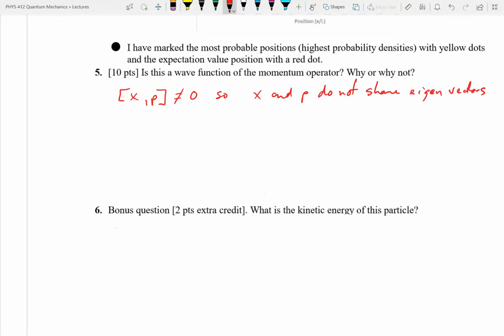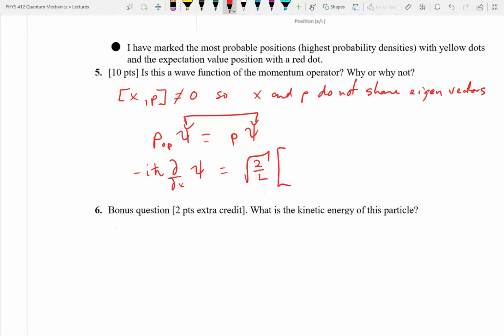Well, at that point, we only had one way of doing it. And the one way of doing it was to say, does the P operator acting on psi equal a P value times the same self-same function psi? So we had minus i h bar d dx of psi is equal to... And you're like, what?